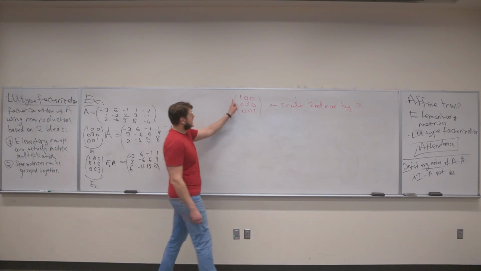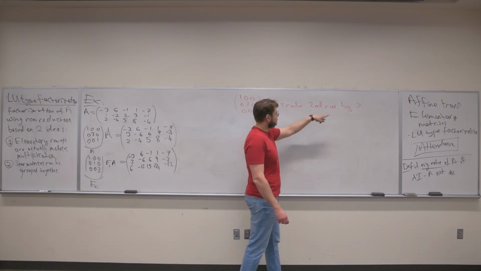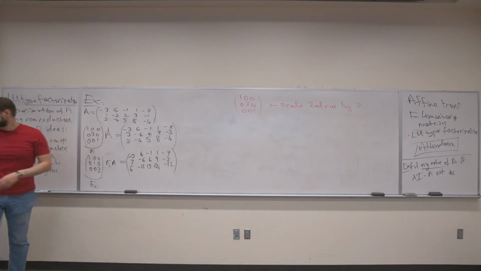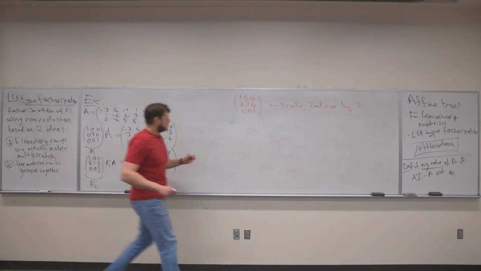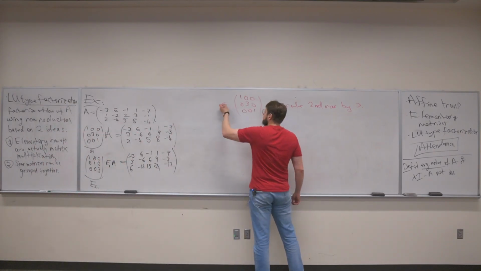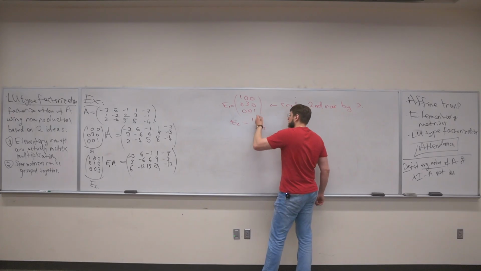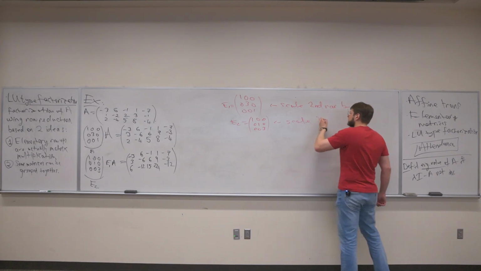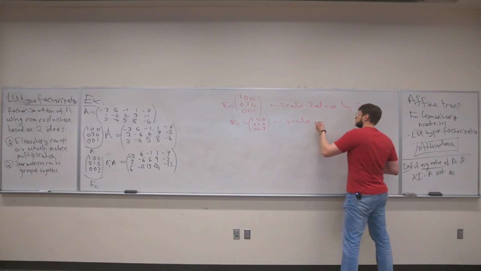So this diagonal with 1, 1, 3 then would again be a scalar, or scaling by 3, but instead of the second row, it would be scaling the third row. I'll write that too. So this was E1. E2 is 1, 1, 3. This is scale third row by 3.